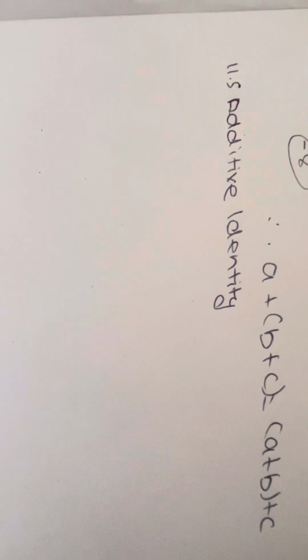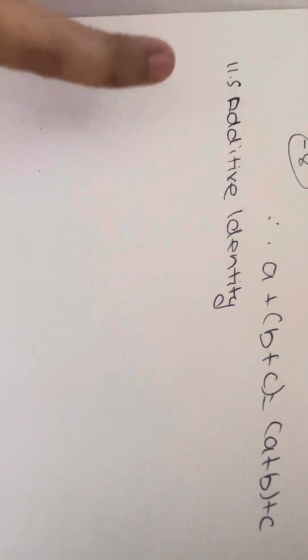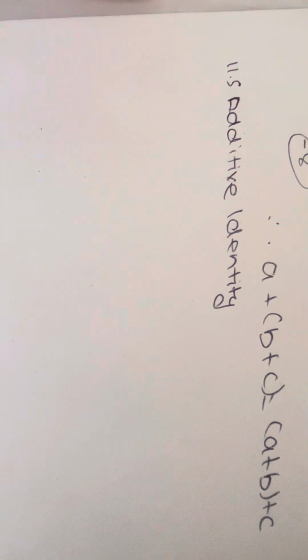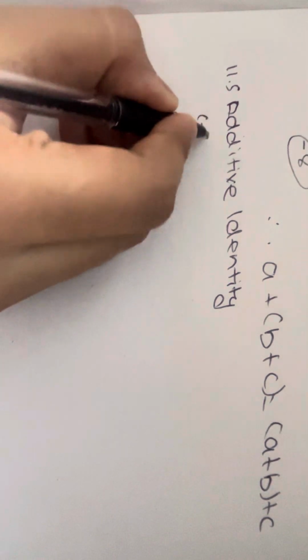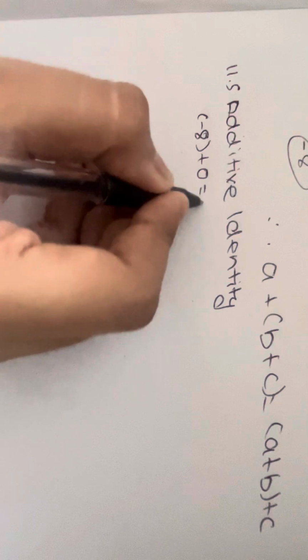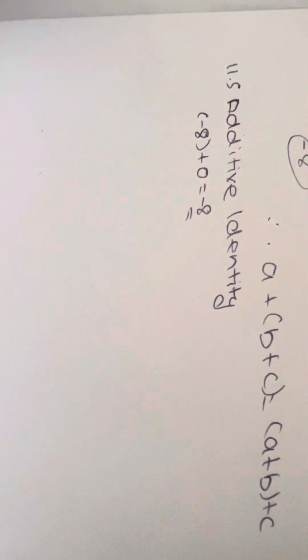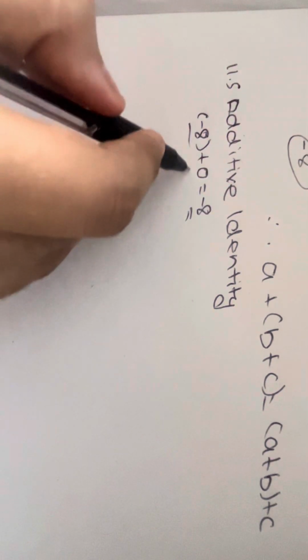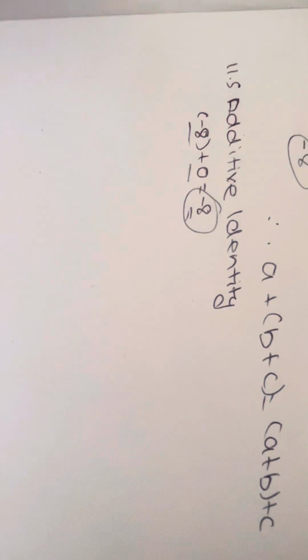Now moving forward, let's learn about additive identity. So basically when we add 0 to any whole number, we get the same whole number, right? Example, minus 8 plus 0, that's minus 8. So basically the number which you added to 0, you got the same outcome, minus 8.